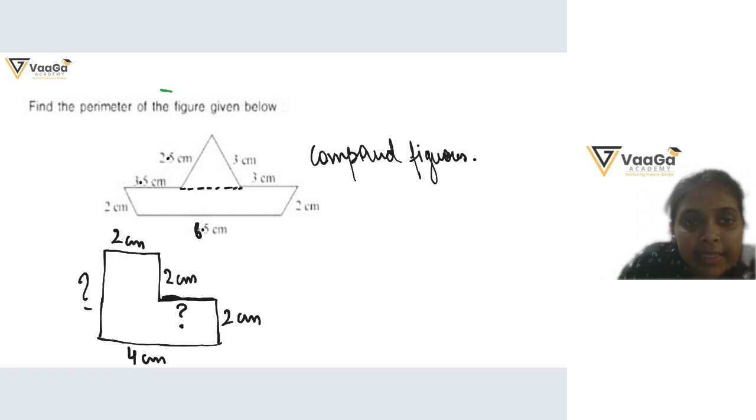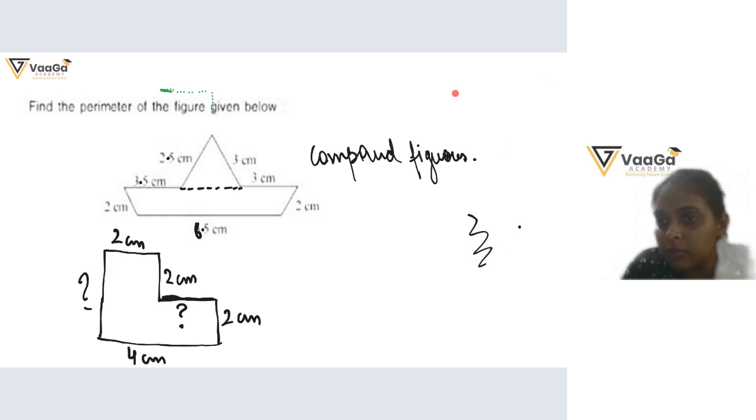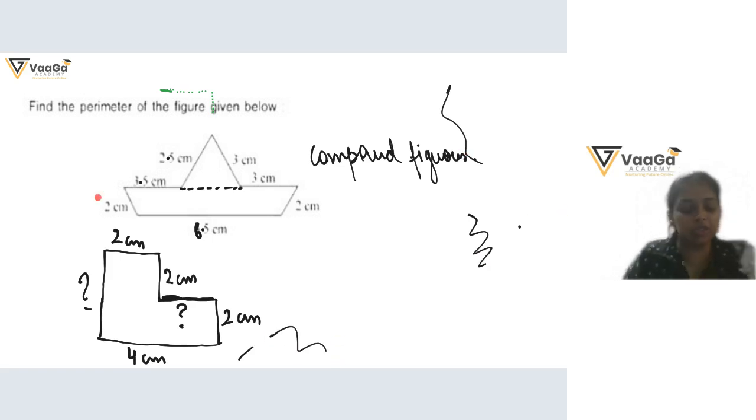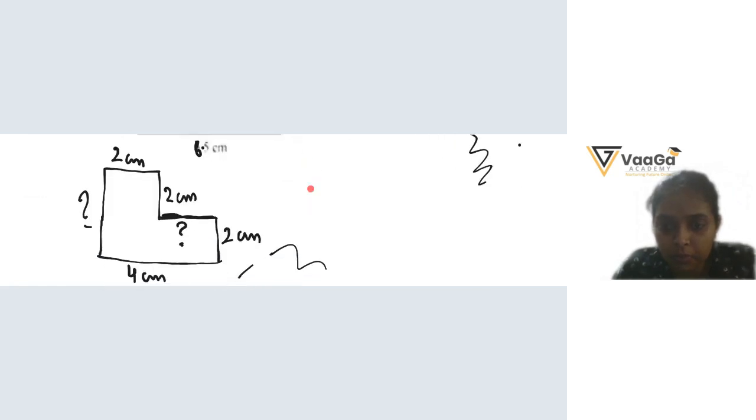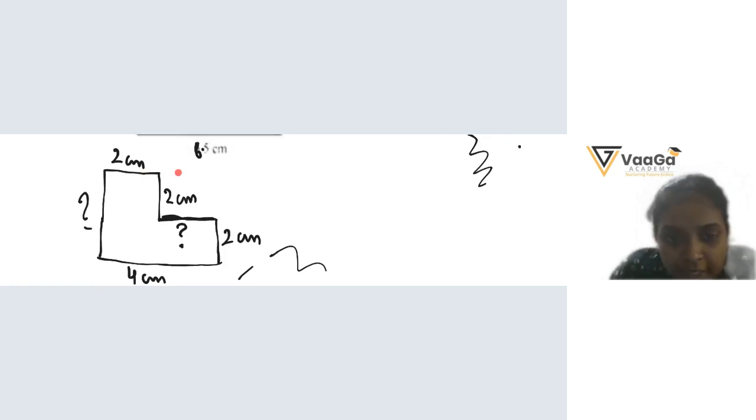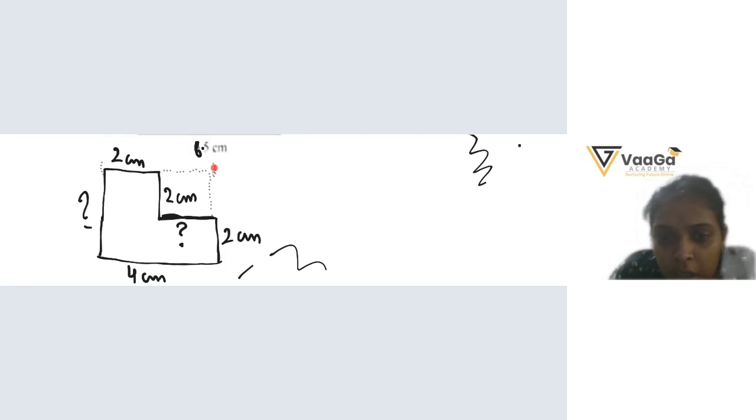So if I extend this figure like this, this whole is 4, from here to here.